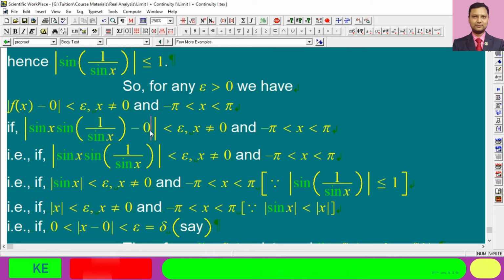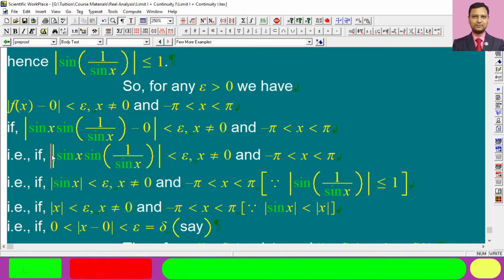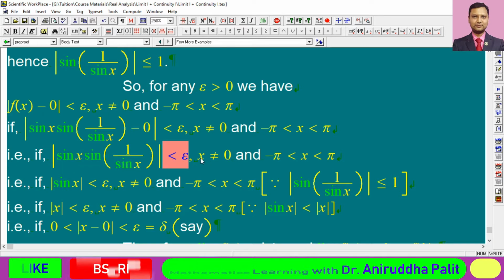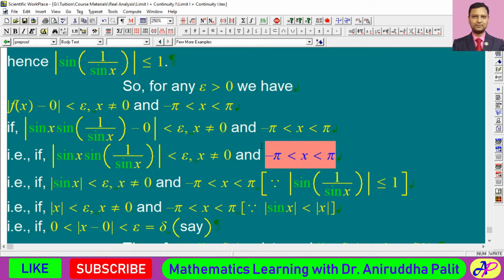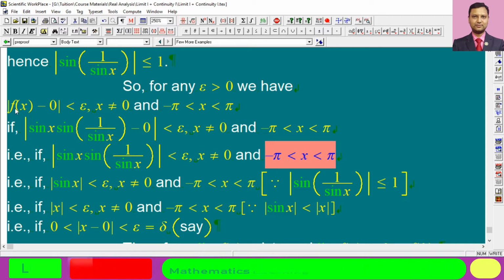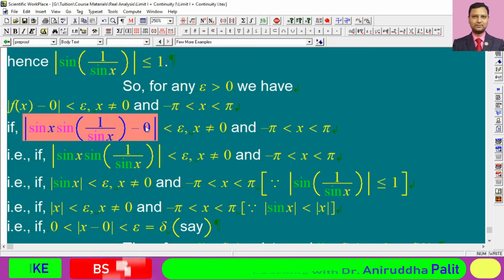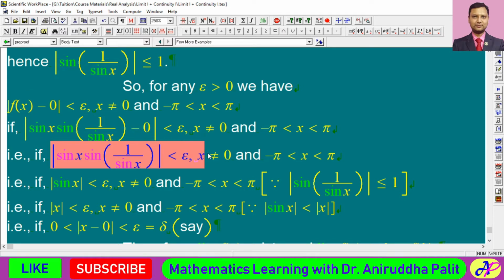We are just neglecting this 0 because subtracting or adding 0 doesn't matter and does not involve any extra manipulation, and therefore we have this result that the modulus of this expression is less than epsilon for x not equal to 0 and minus pi less than x less than pi. So we can say that the first line will be true when the second line is true, and the second line will be true if the third line is true.